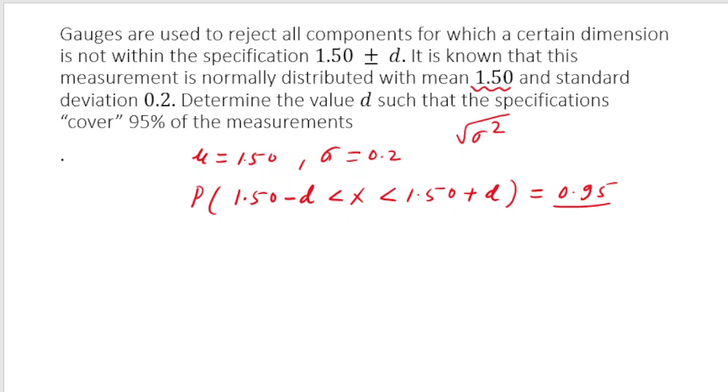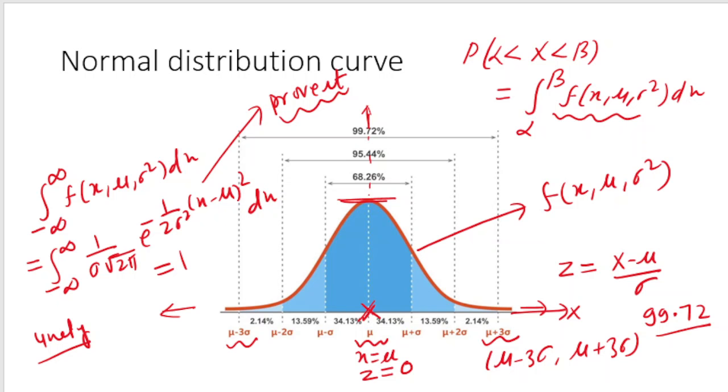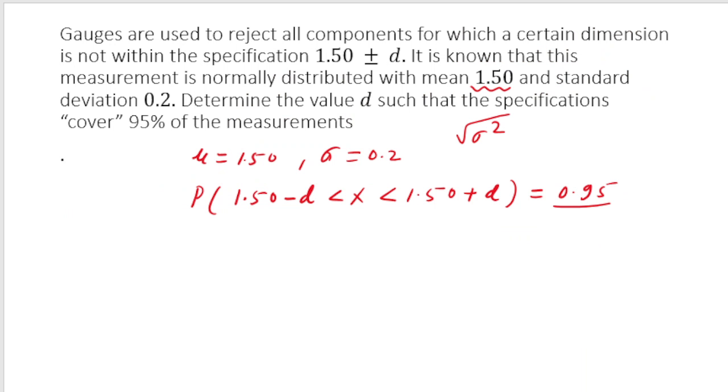I don't know whether it is given in the normal distribution graph that I have drawn. It is 94.55%, from mu minus 2 sigma to mu plus 2 sigma. Basically, it is a standard term that you need to remember for a normal distribution graph.